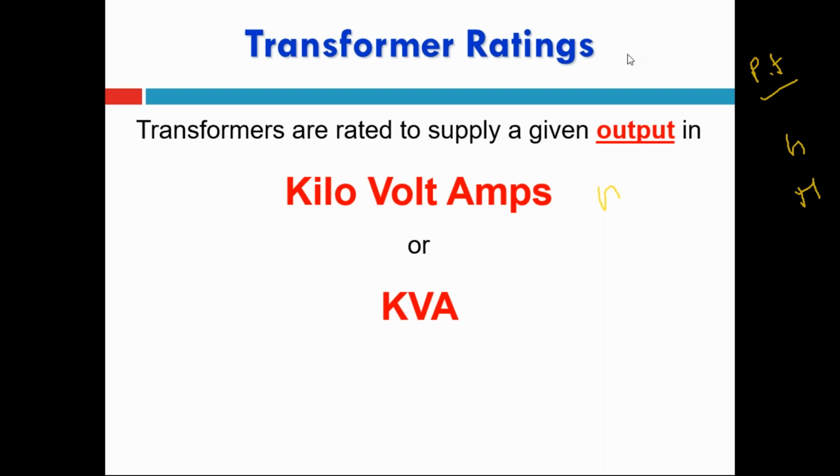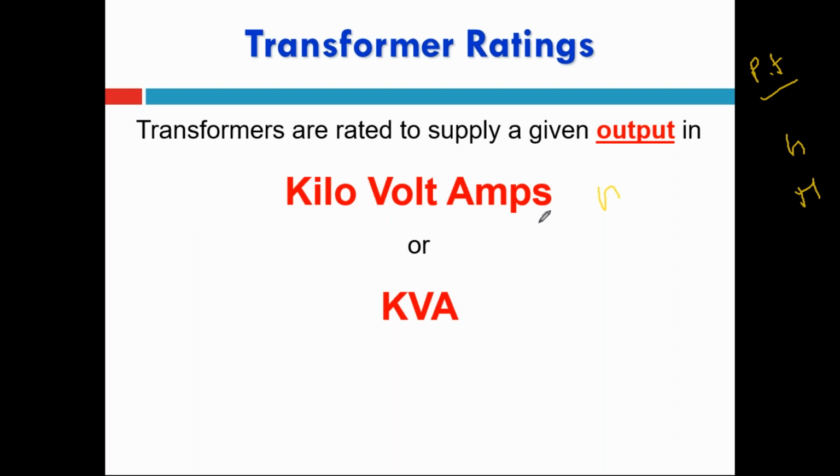In those experiments, you don't see a power factor value, right? But for transformer calculations, the power factor can be included. So where the power factor is included, we represent the power rating in terms of kilovolt ampere. That is one reason.